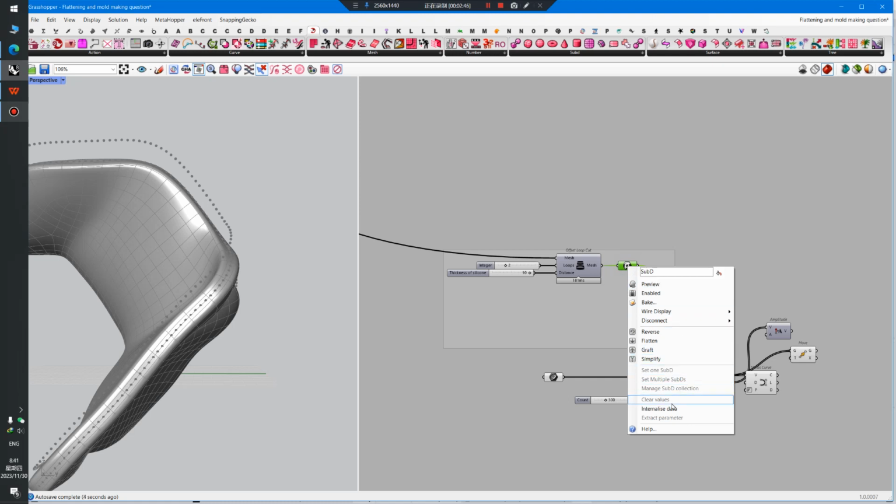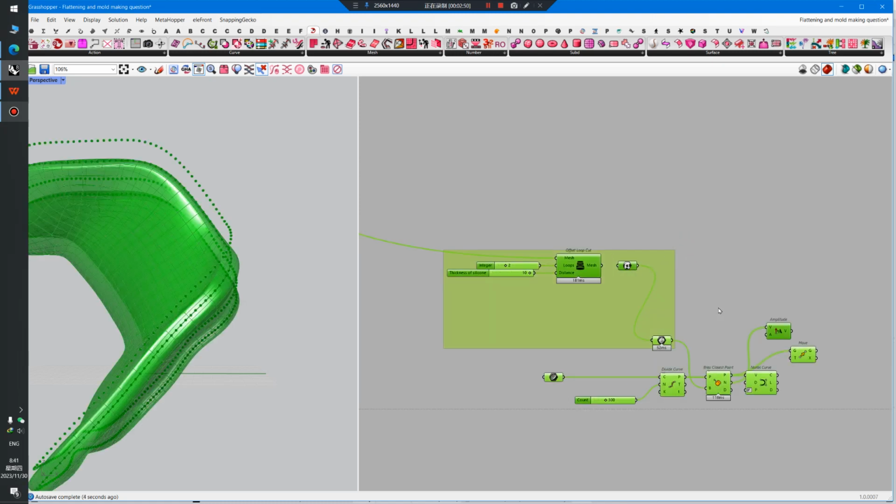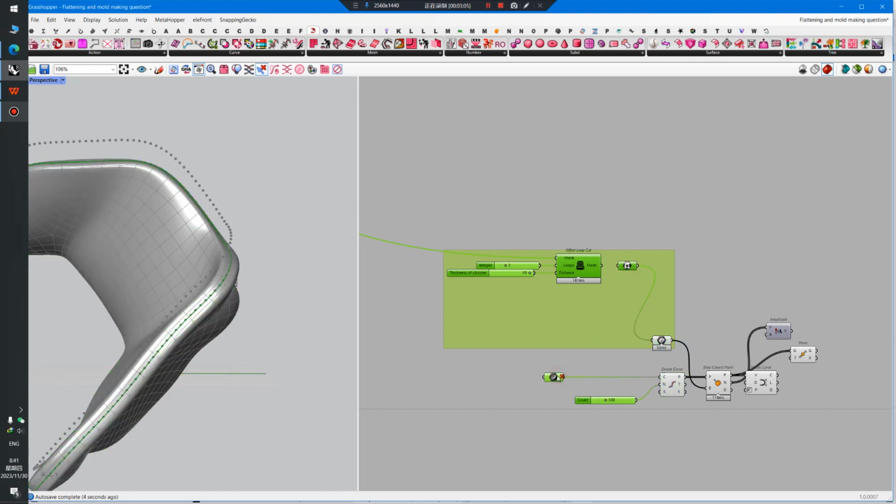Let's just internalize it, and yes, it's too slow, and then we just disable others.